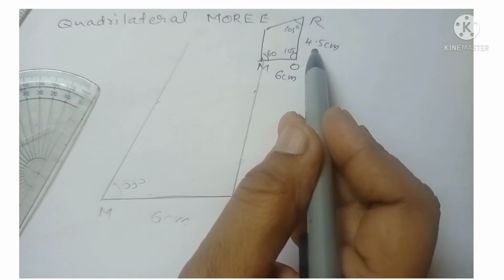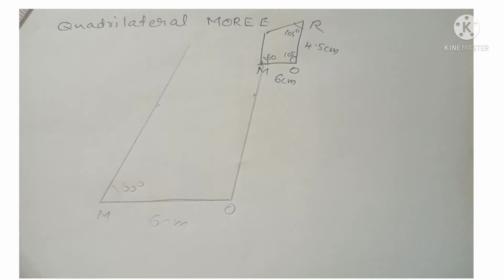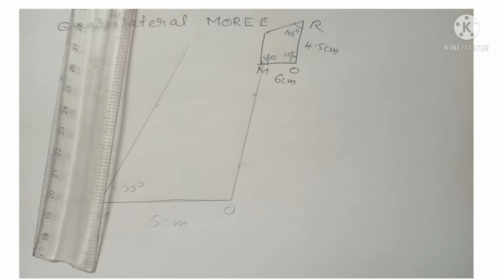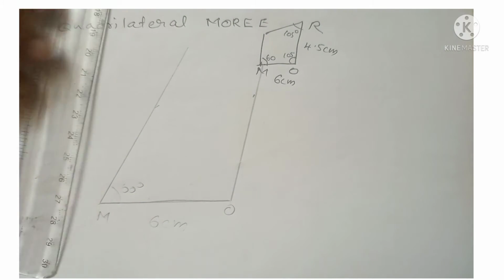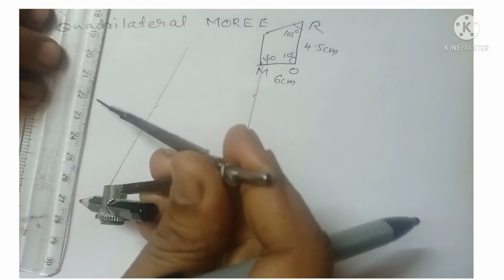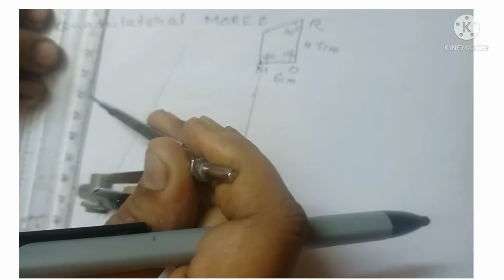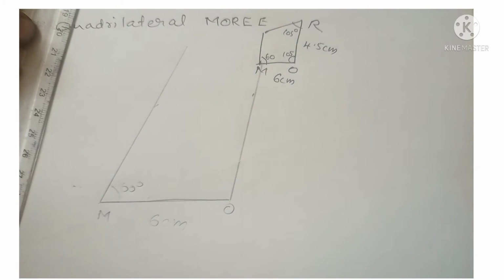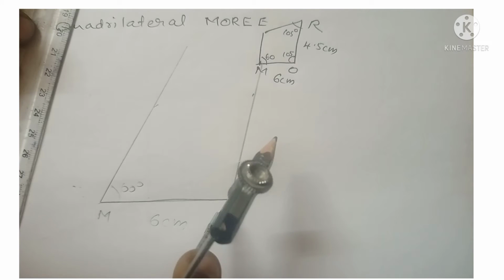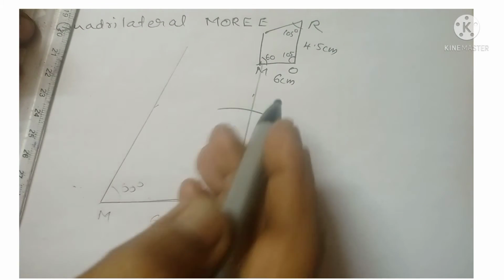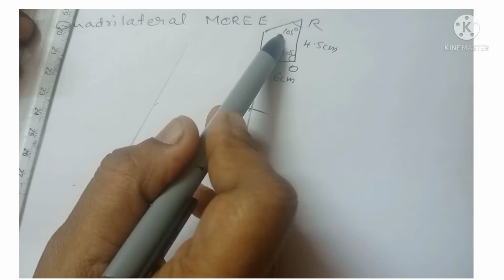Then since the measure is 4.5, take the compass and measure 4.5 in the scale and mark it 4.5. So it is 4.5 and from O we want to mark 4.5. Then from this point we want to take 105.